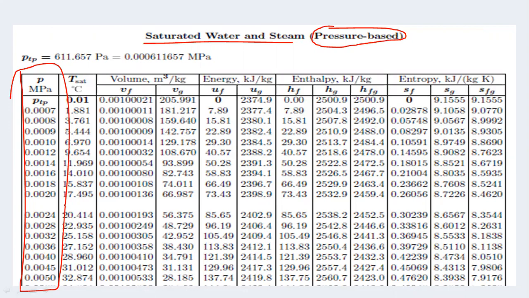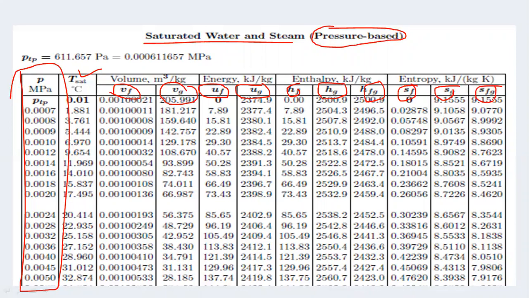So what are the other properties? As I have told you, the only change here is that in the previous case, when the temperature was the reference, the second column was pressure. Now here, the second column is temperature, and again the other properties are the same, that is Vf, Vg, Uf, Ug, Hf, Hg, Hfg, Sf, Sg, and Sfg.